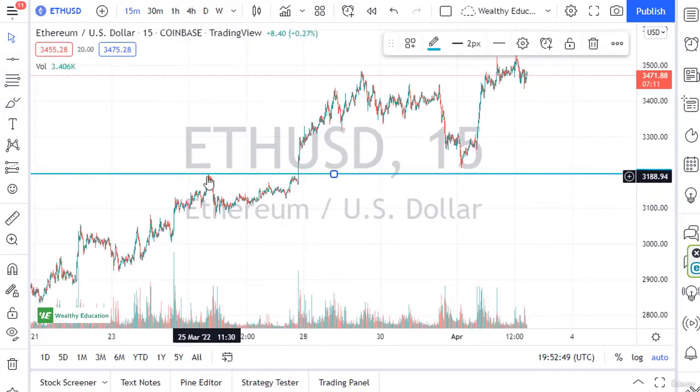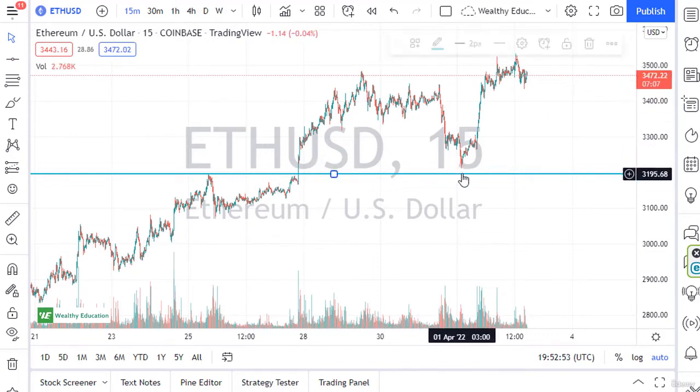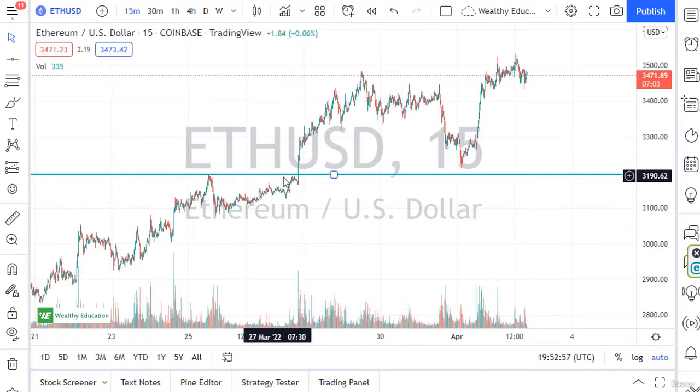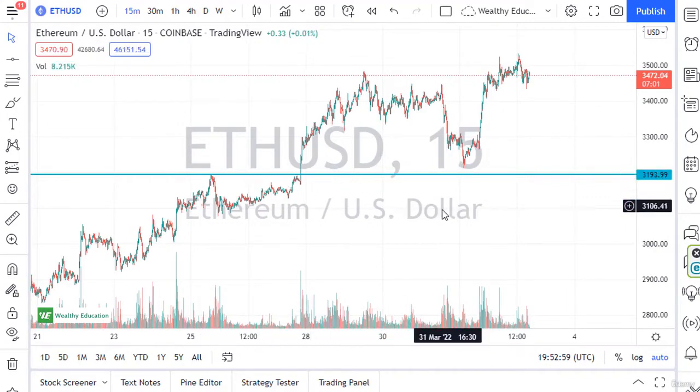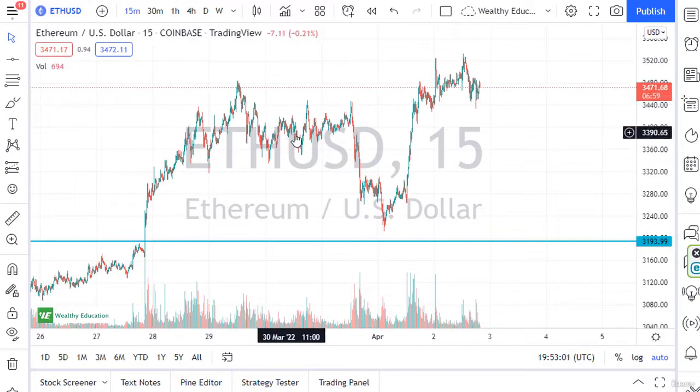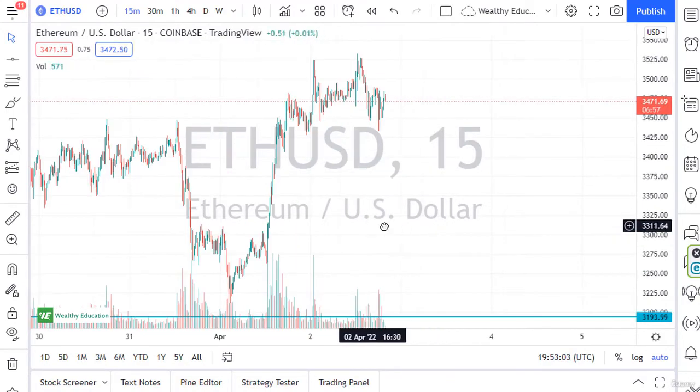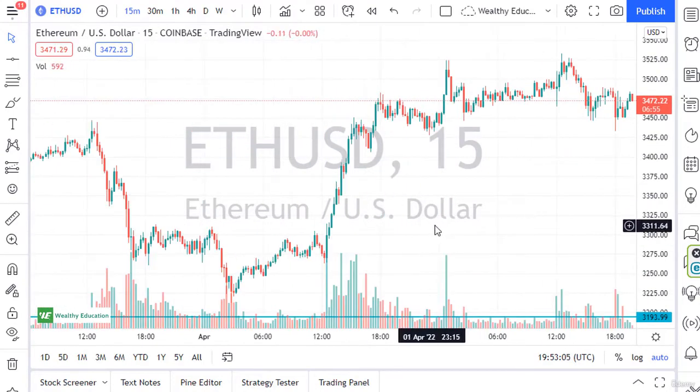Notice that we pulled back from there, and notice later when we came back towards that area again, we bounced again. So if you had this line there from previous action, you know that once we break out and we come back, there should be some people interested in buying down there.